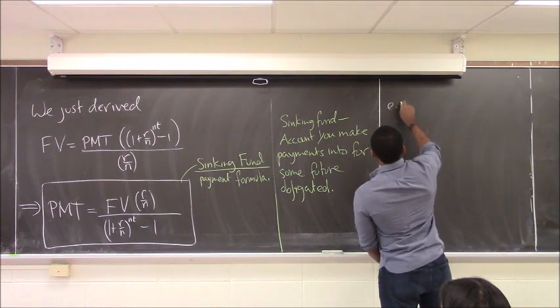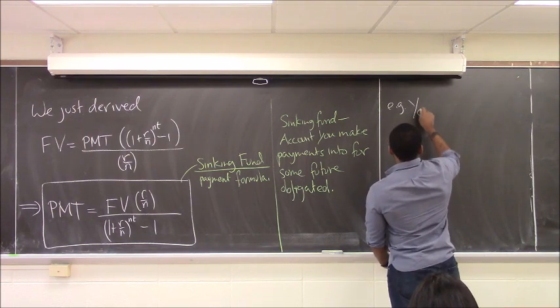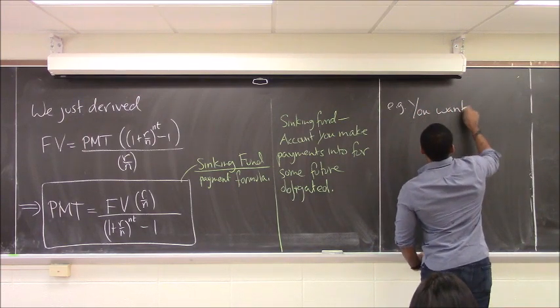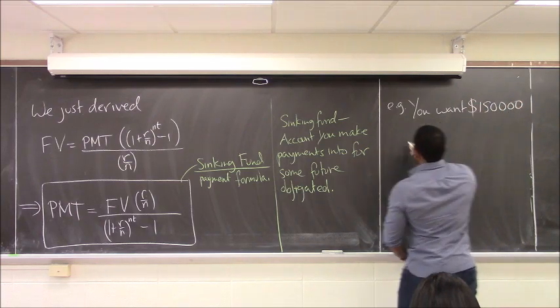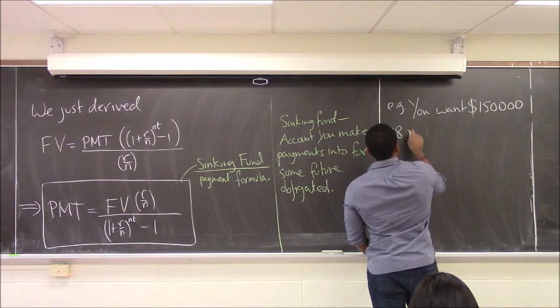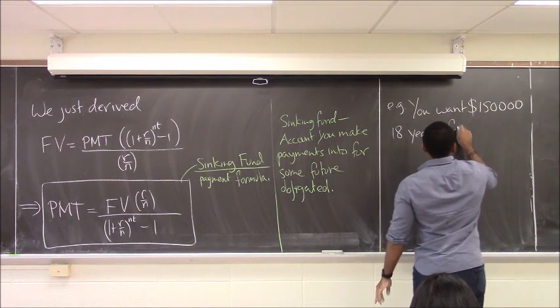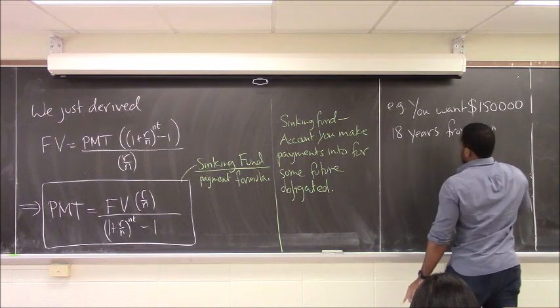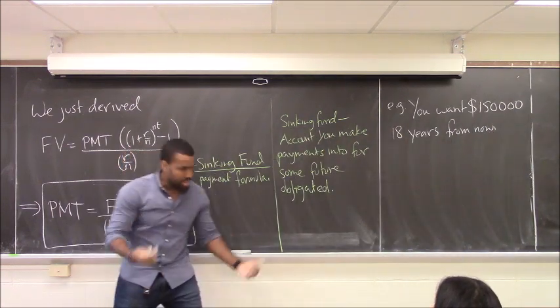So let's say you want to have $150,000 18 years from now. Maybe you just had a newborn kid and you think, man, I gotta get my life together.